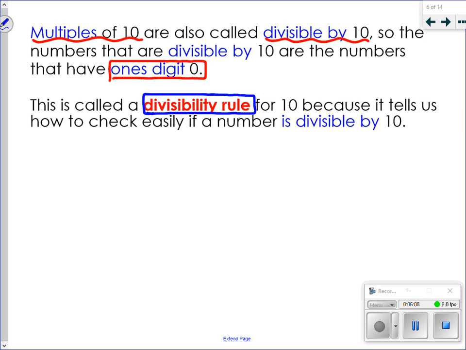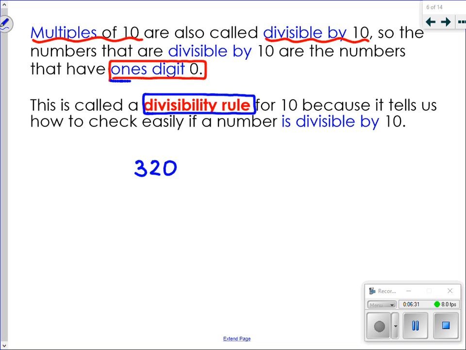Okay? So I'm going to give you a couple of numbers, and you tell me if these numbers would be divisible by 10. 320. Well, according to our divisibility rule, any numbers that are multiples of 10 would be divisible by 10.